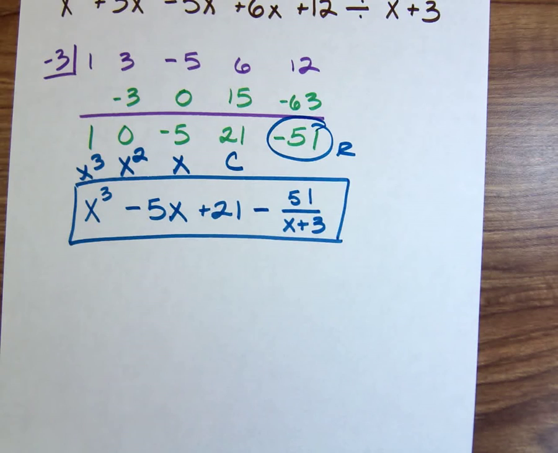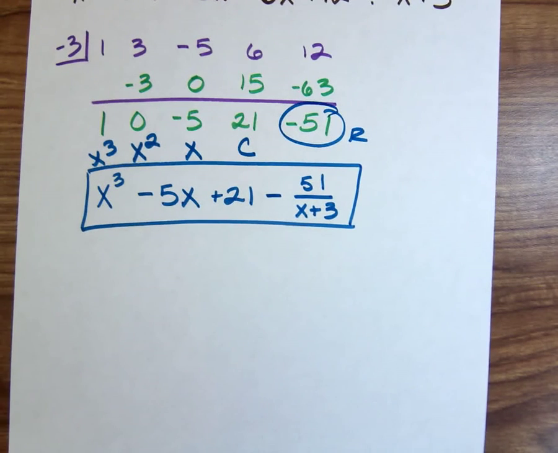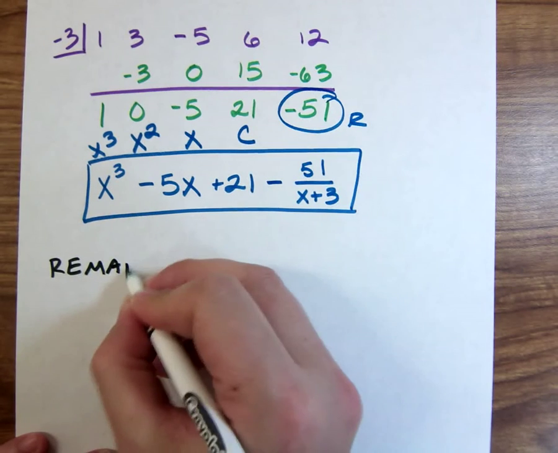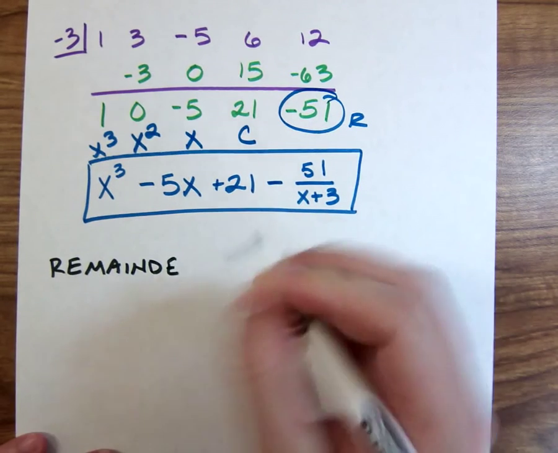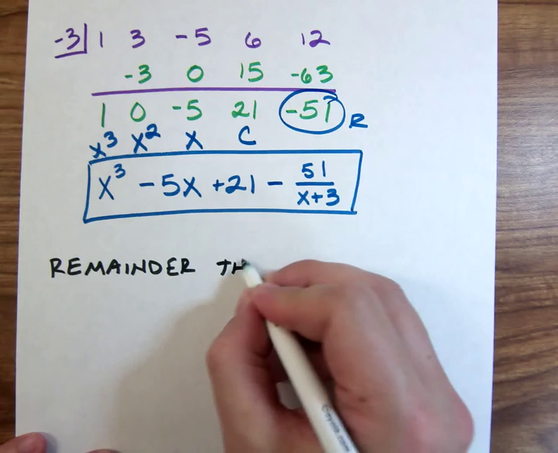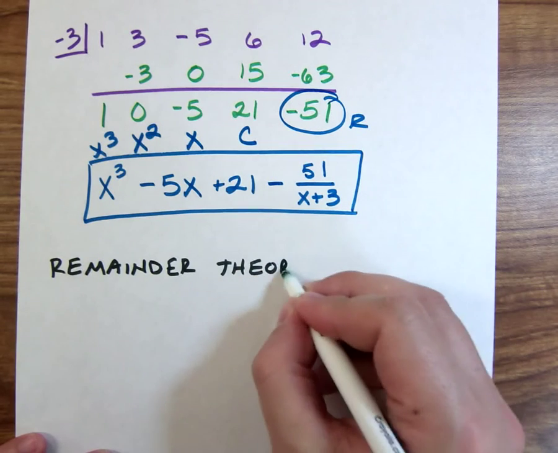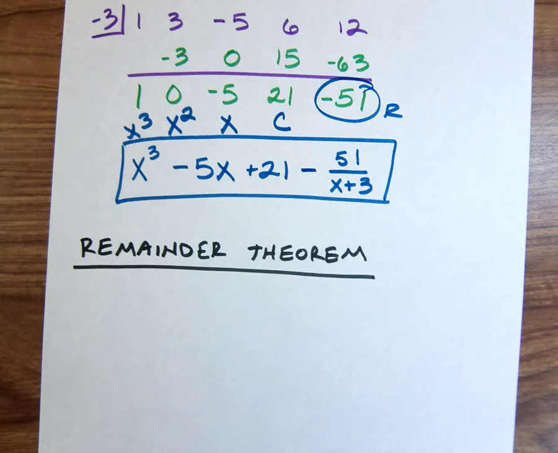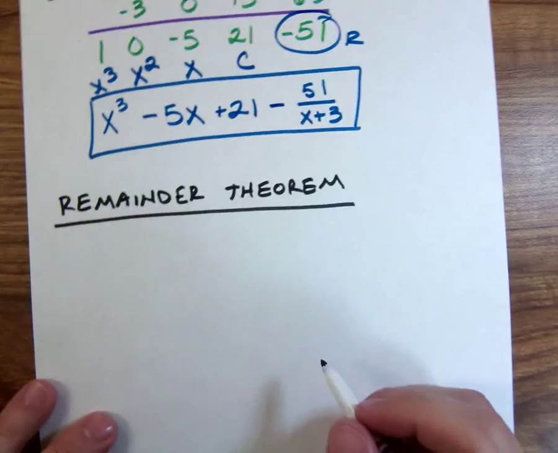Cool. So let's talk about an application of synthetic division, which is something called the remainder theorem. The remainder theorem is kind of cool. I'm a big fan of the remainder theorem. In order to do the remainder theorem, you got to remember what function notation is.